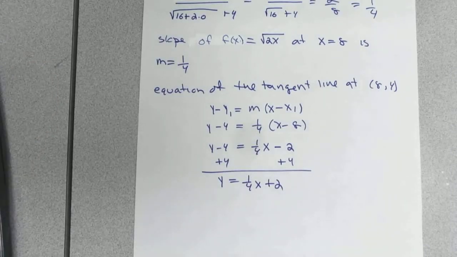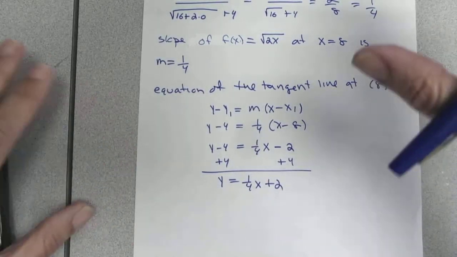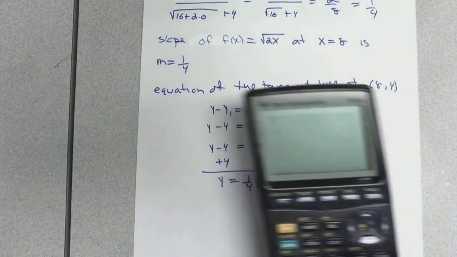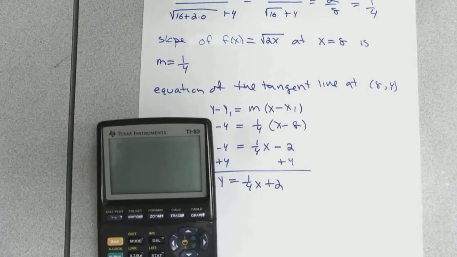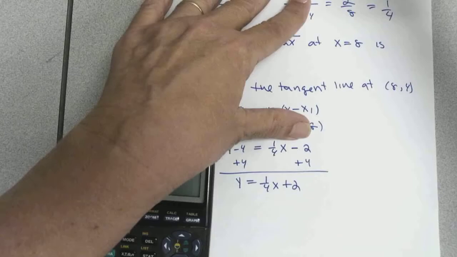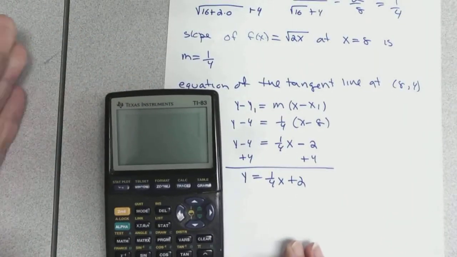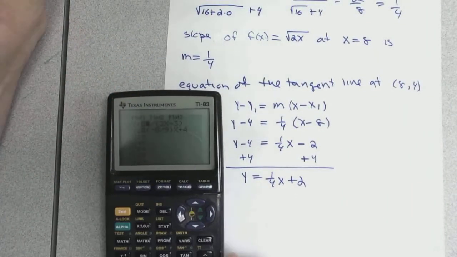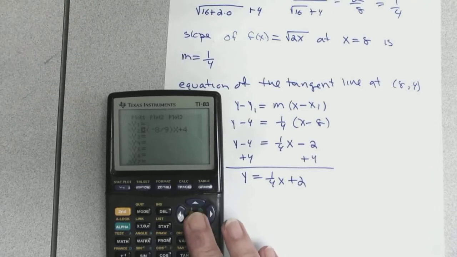Now we will graph it so we can see that it is for sure. So doing the same thing we did before, put in the original function, so I'm going to clear out the old stuff there.